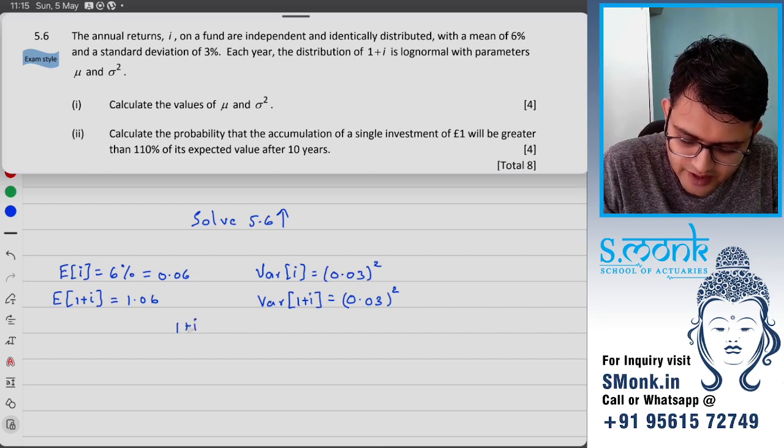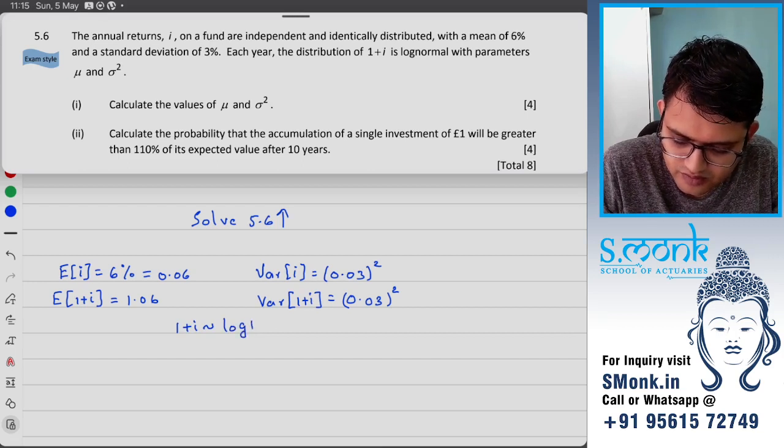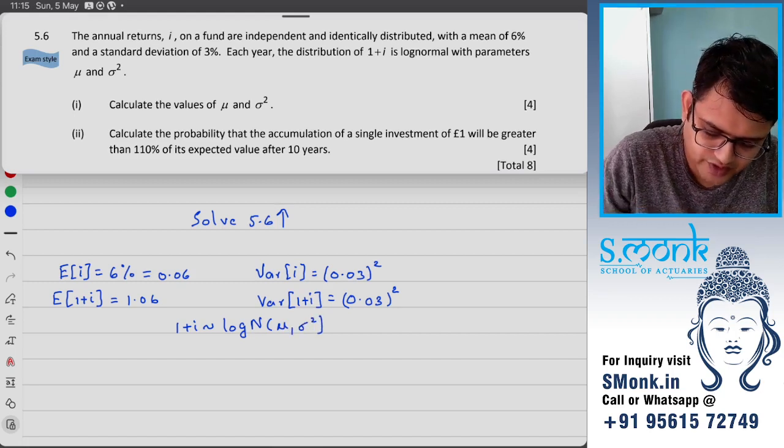We know 1 plus i follows lognormal with mu, sigma squared.